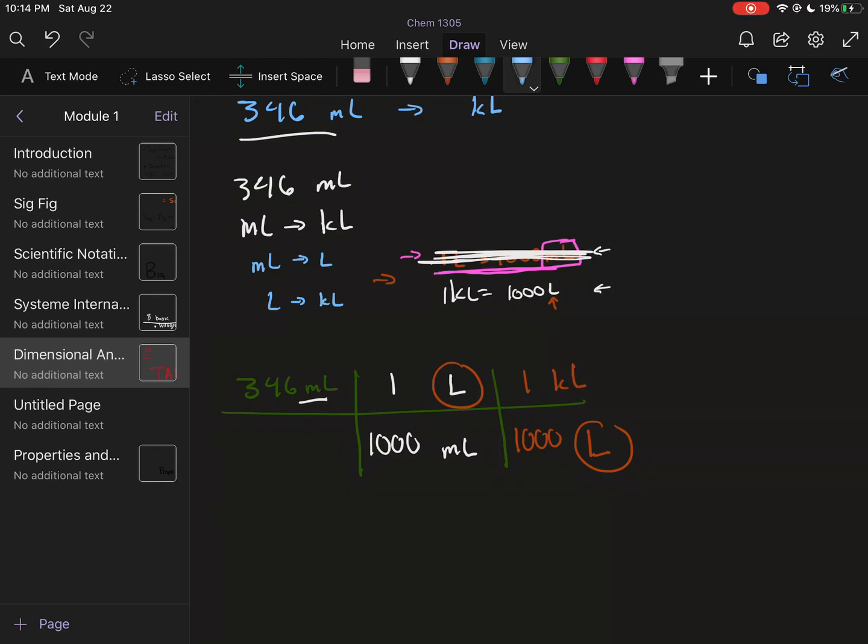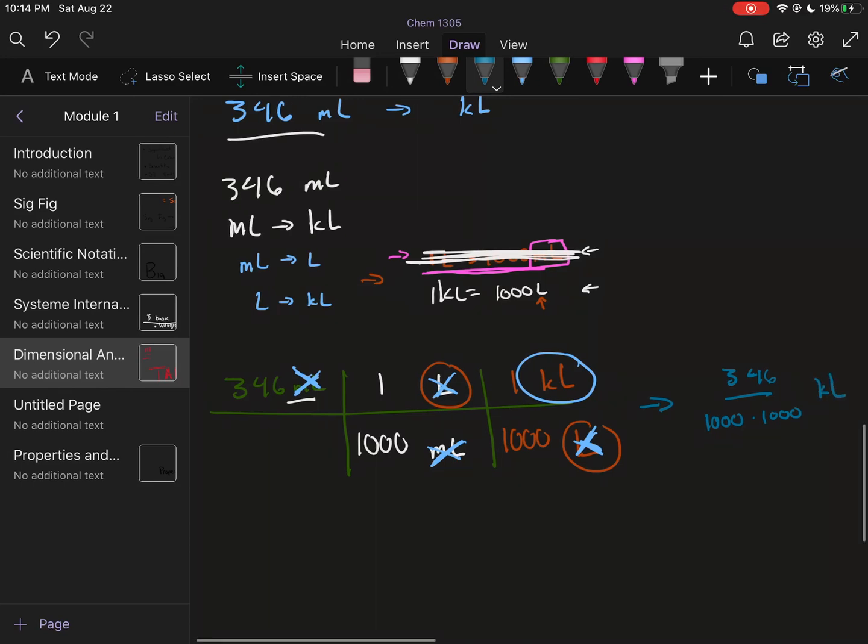So again, I just want to show you why this thing works. It's because you're able to cross these units out, and we're left with that one unit that we want. So we'll just multiply across, and what we actually have is 346 over 1,000 times 1,000 kiloliters, right?